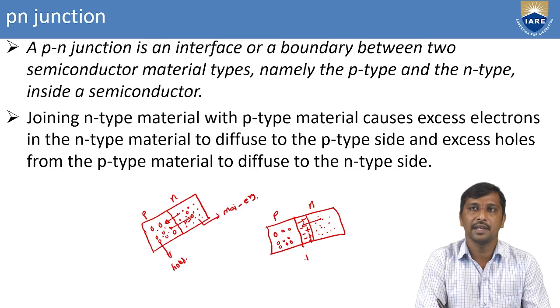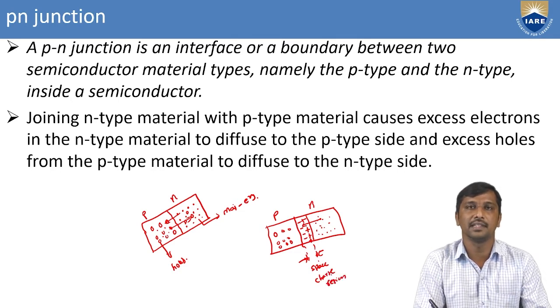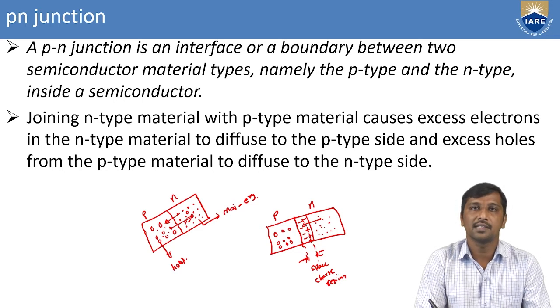So due to this, an electronically induced voltage is generated between the p-type and the n-type material. This region is called the space charge region, or it is also called the electronic induced voltage or a barrier potential.